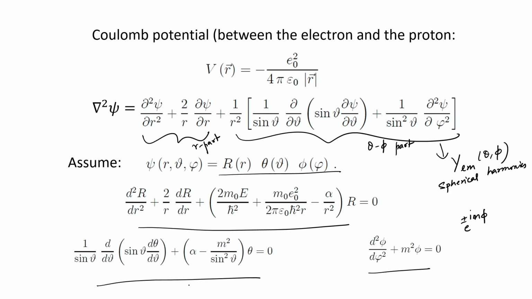For the theta part, they come out as the P L functions or Legendre polynomials, and what we get for the r part are the Laguerre polynomials. We do not go into details of the solution. The theta and phi parts put together correspond to the Y L M or the spherical harmonics, and we just have to multiply the Laguerre polynomials with the spherical harmonics in order to get the different bound state eigenfunctions for the problem.